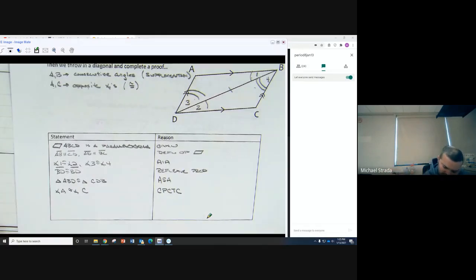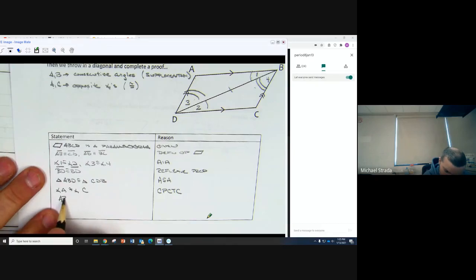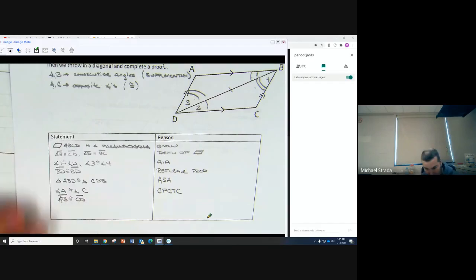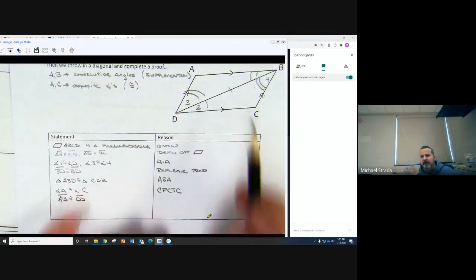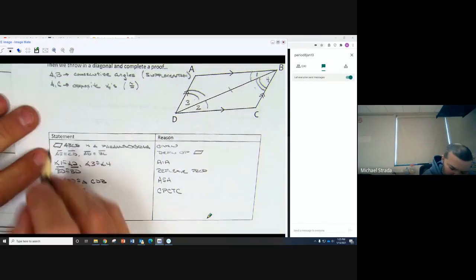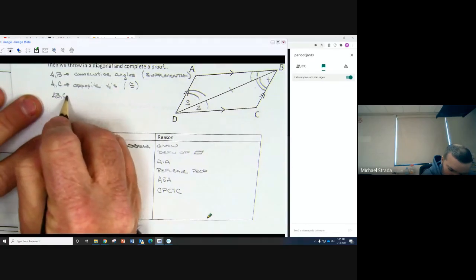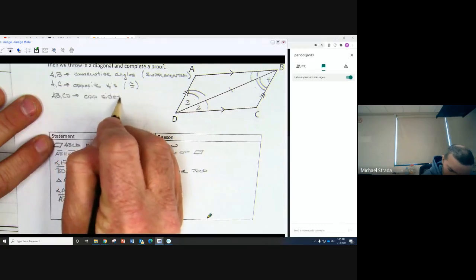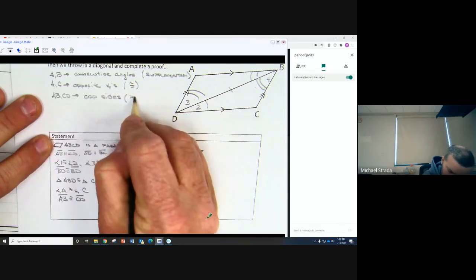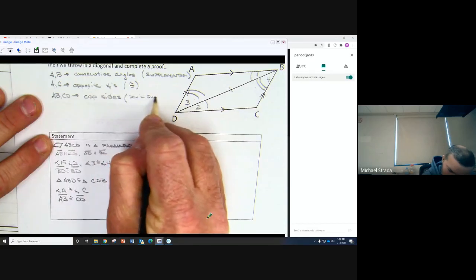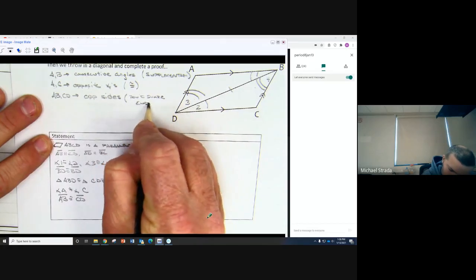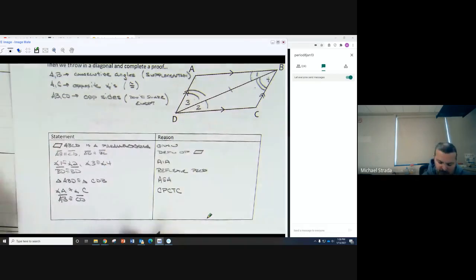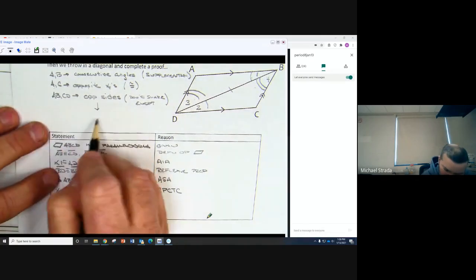In addition, AB, the first 2 letters, is congruent to CD for the same reason, CPCTC. AB and CD do not share a vertex. They are opposite sides, they don't share an endpoint. And through CPCTC, we just realized that those opposite sides are always going to be congruent.